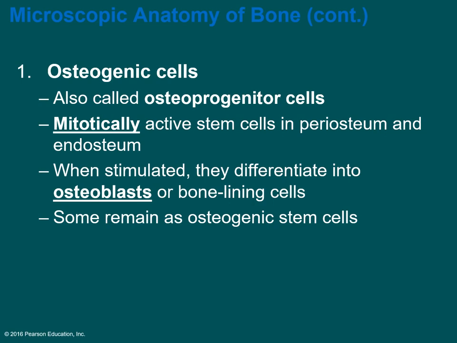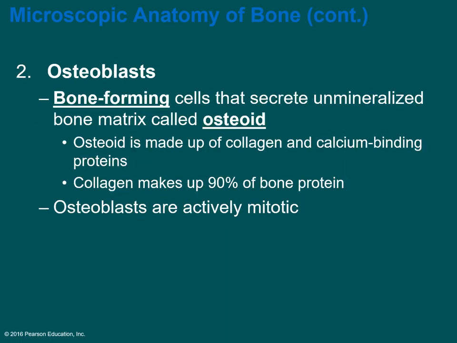So here's what's going to happen: they are stimulated to go through mitosis, through cell division. And one of them will always remain as an osteogenic stem cell, so that can continue going through mitosis. Then they will differentiate. One of them will differentiate into either an osteoblast or a bone lining cell.